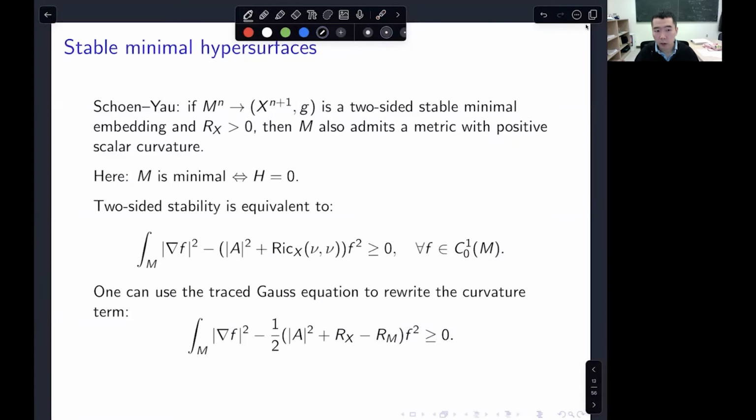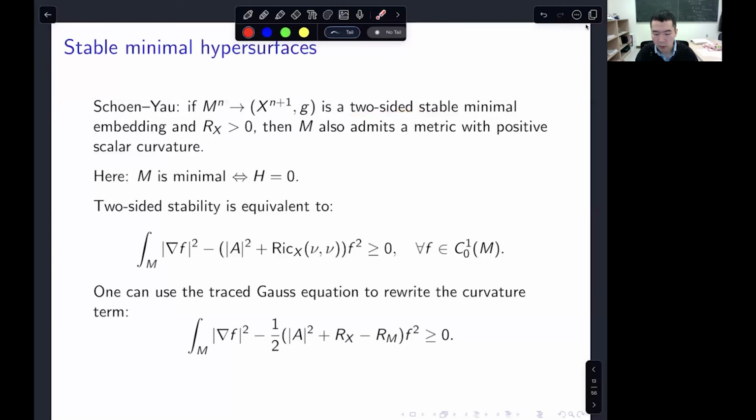To specifically introduce the technique, let's recall that a submanifold is minimal if and only if its first variation of area is 0, or equivalently, it has 0 mean curvature. And here I assume that the surface is two-sided.